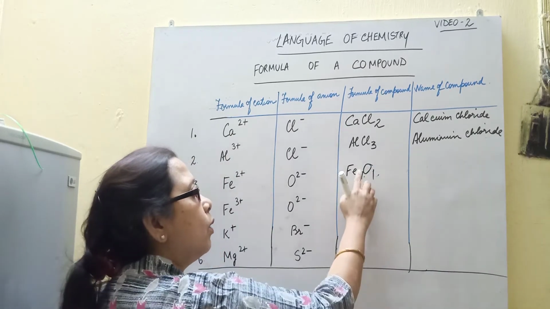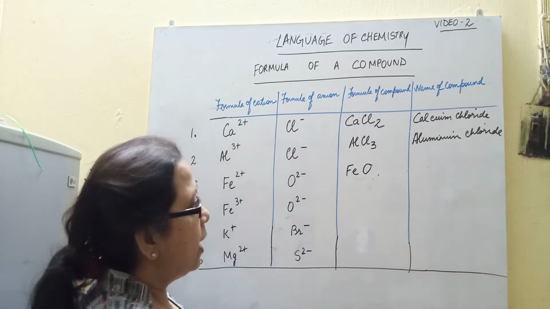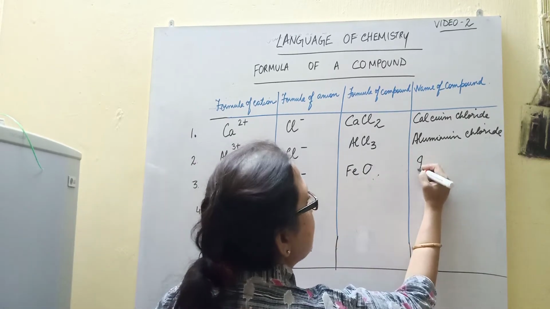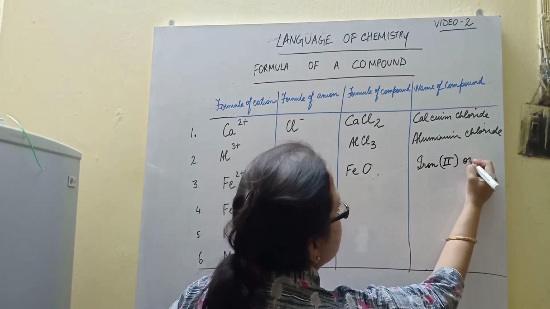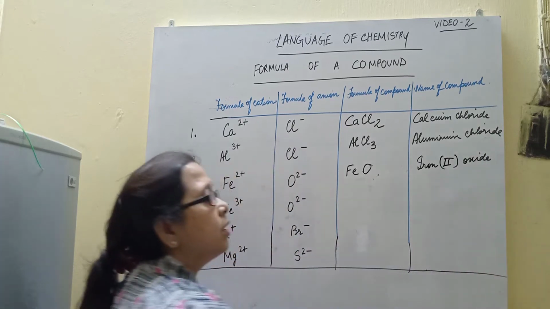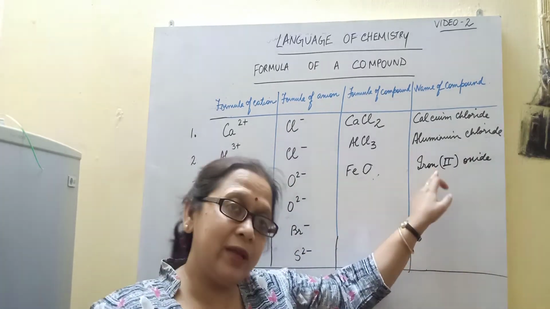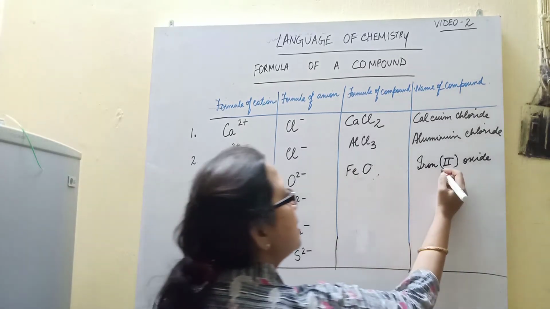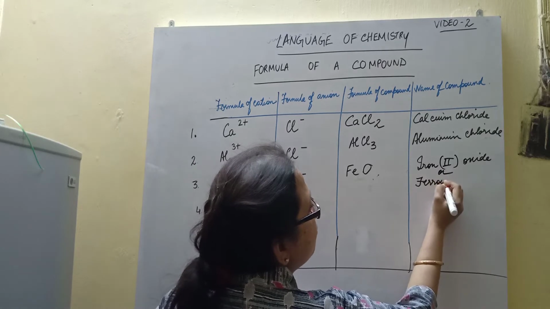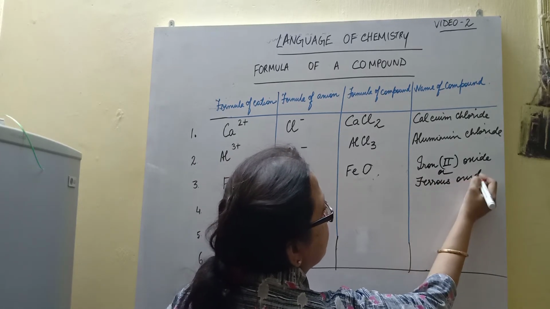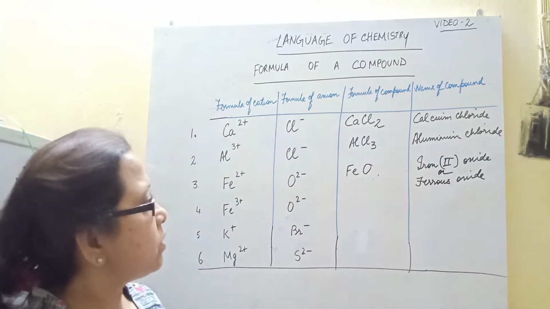But we do not write 1, so the formula becomes FeO, and we write it as iron in brackets Roman 2 oxide, where the 2 stands for the valency of iron, or else we can represent the name of the compound as ferrous oxide. So iron 2 oxide is also known as ferrous oxide.